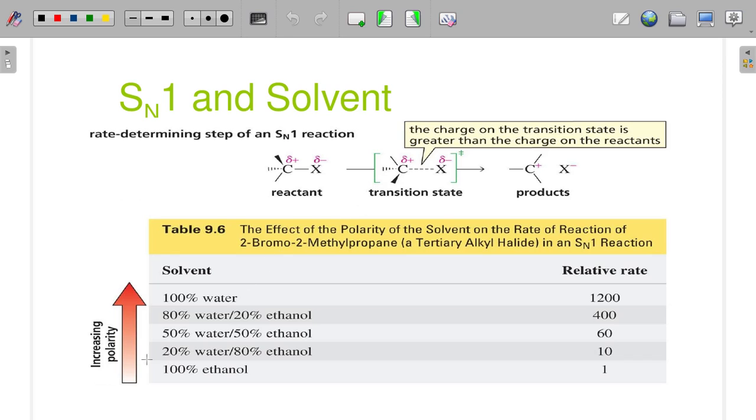What we find is if we have a much more polar solvent, something like water compared to ethanol, we actually get a faster rate for that type of reaction. And it's really the case of all SN1 type reactions. A more polar substance increases the rate.